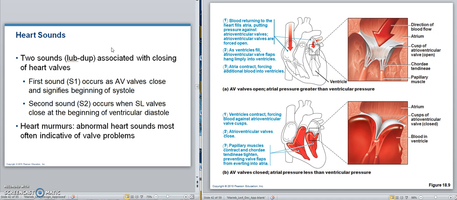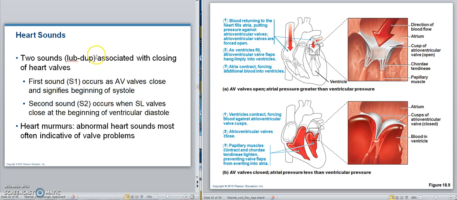Percussion is when we'll thump on your chest, or we'll thump something on you, to try to get the borders of something. And then we have auscultation, where we put the stethoscope and we listen. That's where we would do the heart sounds. Okay? So those are the things available in a physical exam.